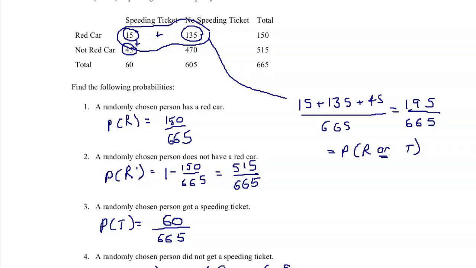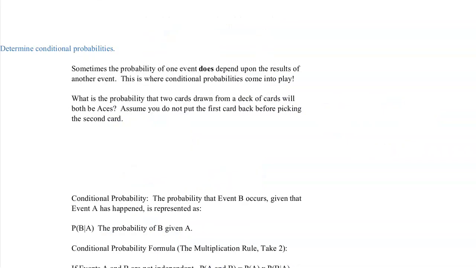All right. Now, we were looking way back at independent events, but sometimes events are not independent. We would have seen that up above had we tried to multiply the probability of a red car times the probability of getting a ticket. You'd find out you don't get the same answer as we did by looking through our table.